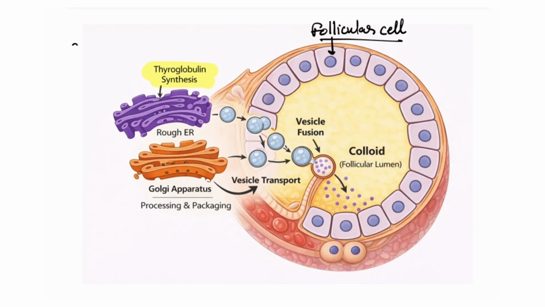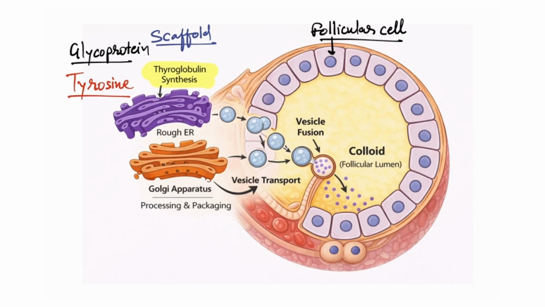Thyroglobulin is a large glycoprotein containing multiple tyrosine residues. These tyrosine residues will later be iodinated. So, thyroglobulin acts as a scaffold for thyroid hormone synthesis. Remember this clearly: thyroglobulin is synthesized in the follicular cell, but iodination occurs in the colloid.